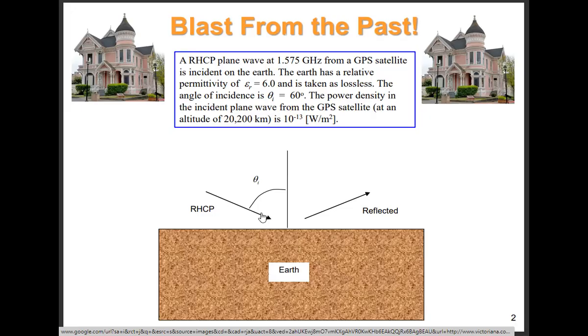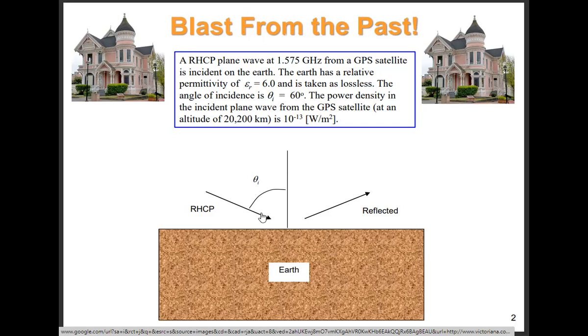We don't really care about the phase in this calculation, but we care about the fact that they're equal amplitude, okay? Now, because they're perpendicular like this, here's a wave coming in. It's got, in the phasor domain, E like this coming in, right? Okay. And so if the total power density is 10 to the minus 13 watts per square meter, what's the power density going to be in the TE part and TM part? Now, because these two waves are perpendicular like that, the E fields are perpendicular, you can just add the power density.